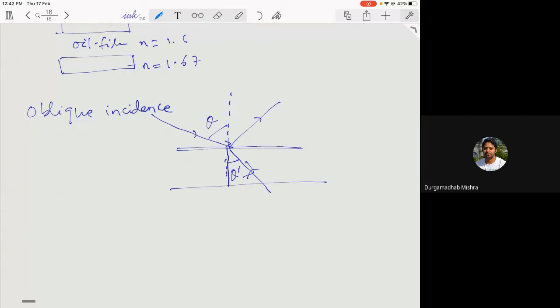So I want to calculate the extra path between this wave. This is the oblique incidence.